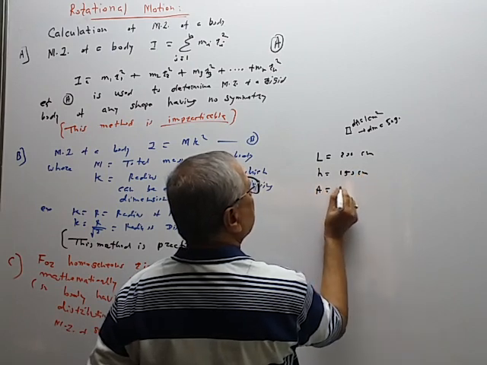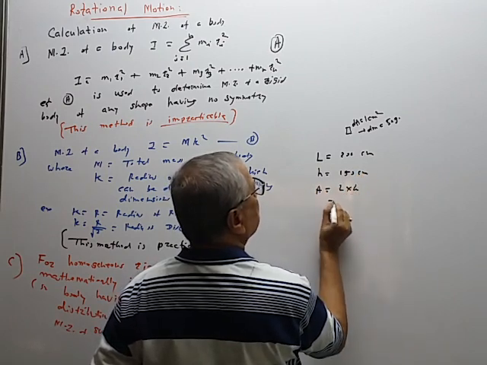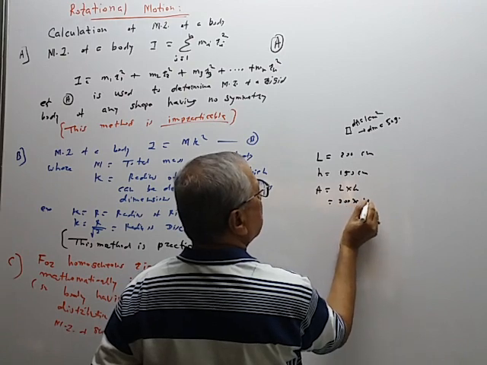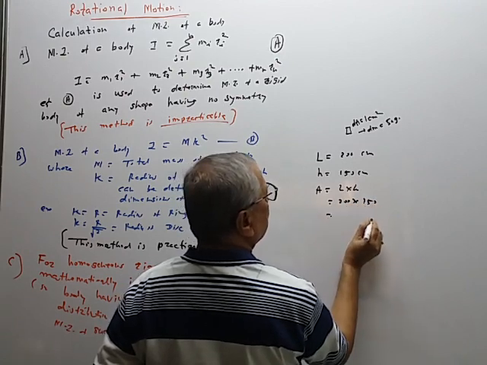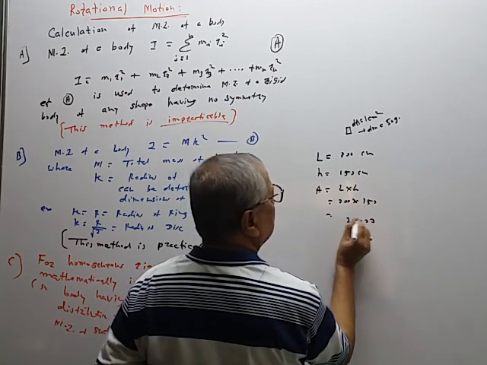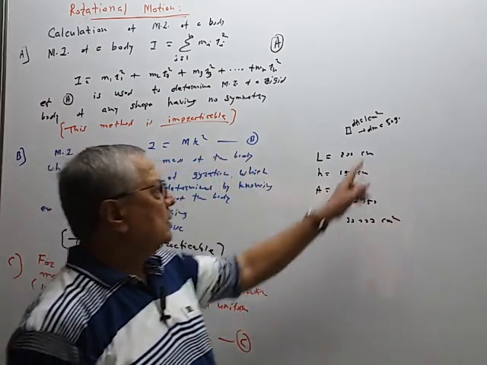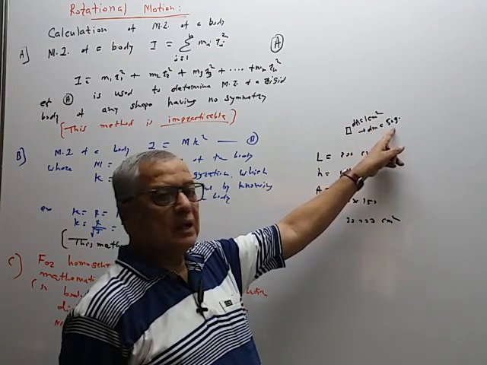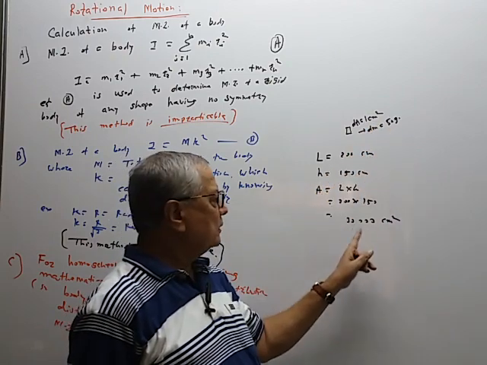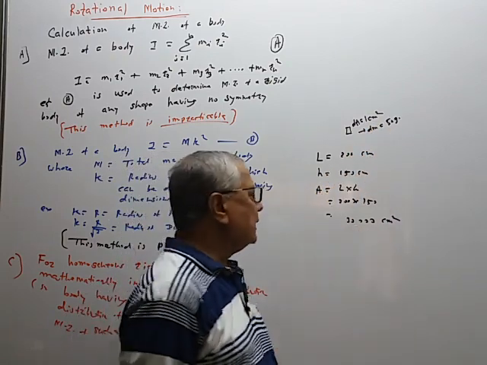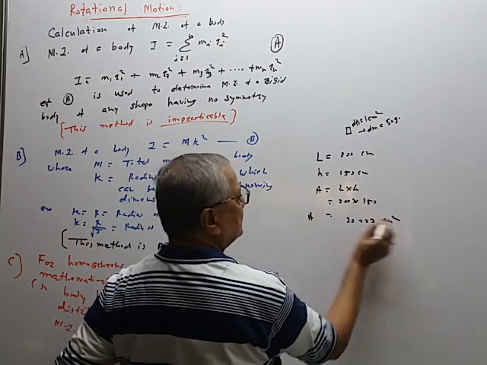So what will be the total area? Length multiplied by height, that is equal to 200 multiplied by 150, that is equal to 30,000. This is area in centimeter square. So 1 centimeter square has mass 50 gram. Therefore for this area A is equal to this much.